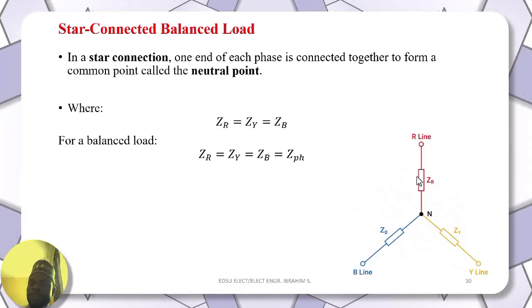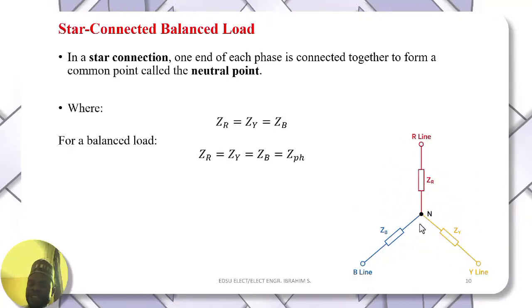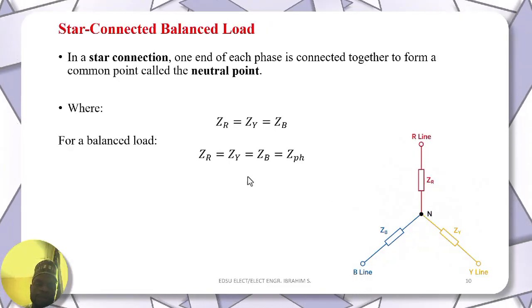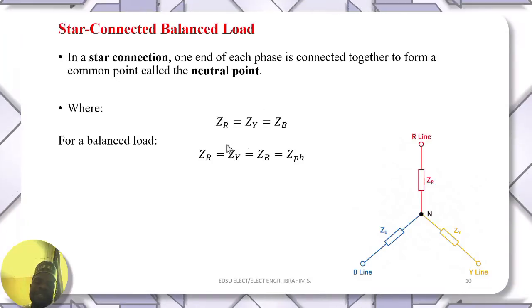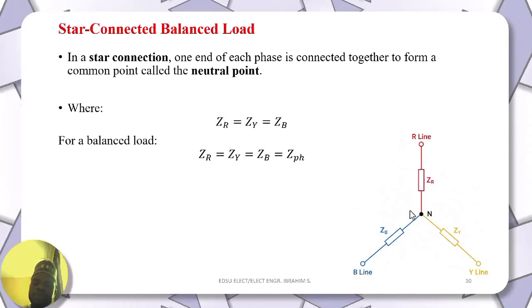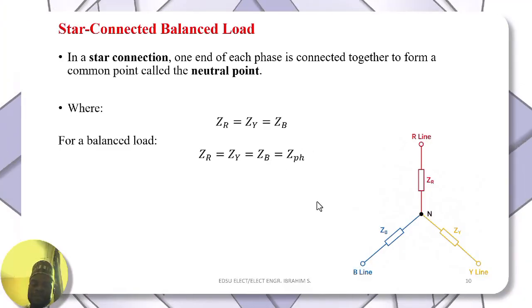So if this is phase 1, phase 2, phase 3, one end of the three phases are joined together, then here we have our neutral point. And for a balanced system, the three impedances, this and this, are supposed to be equal, which is equal to our Z phase.